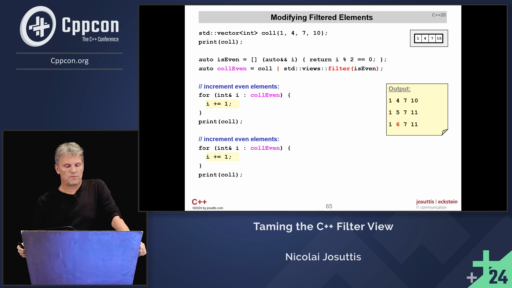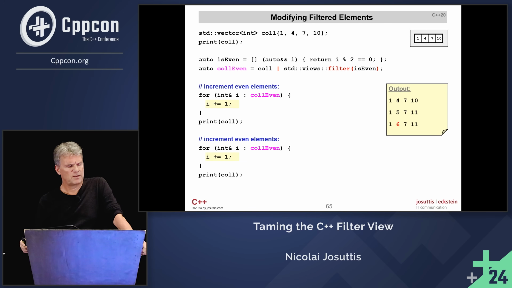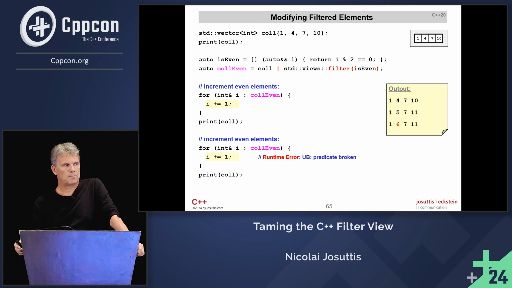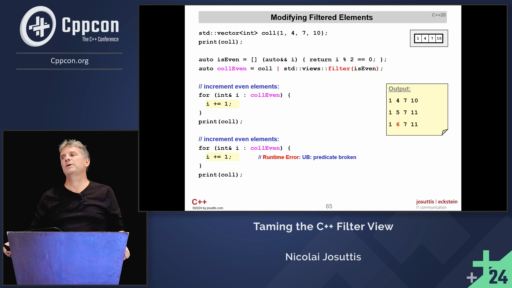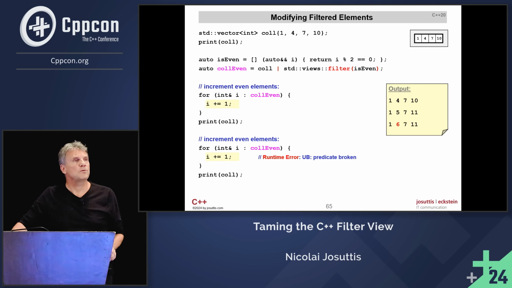So the second iteration starts with the second element again, although it doesn't fit anymore. But for everything else, they check and they see, no, that's not even. Okay. We are not stupid in the standard. We know that there's an issue. But I'm not sure I like how we dealt with that. We said, don't do that.